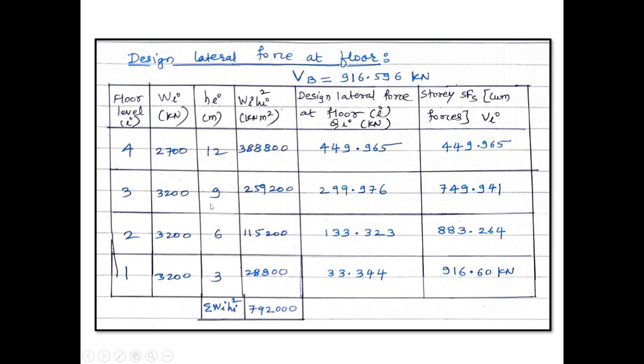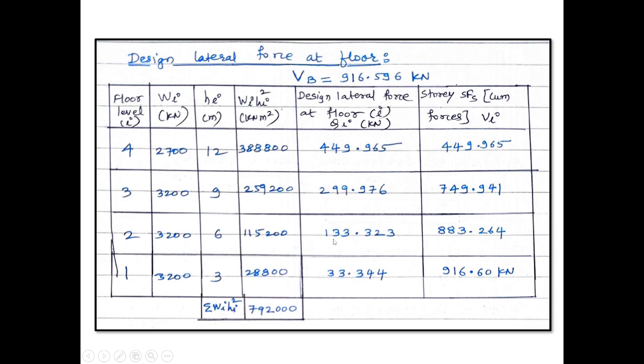So here VB, that is 916.596, multiplied by this Wi hi square, that is 388800, divided by summation of Wi hi square, that is 792000. So I get this value 449.965 kilonewton. That is the design lateral force at floor i.